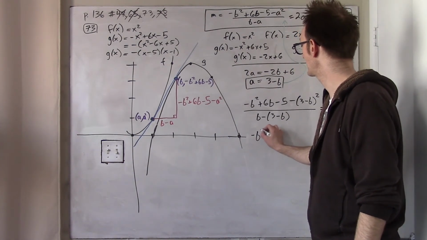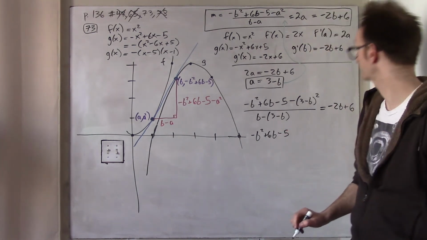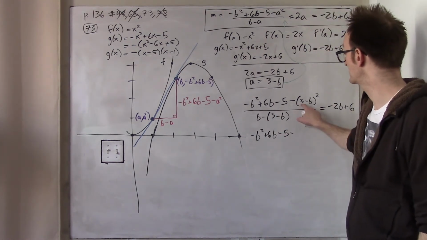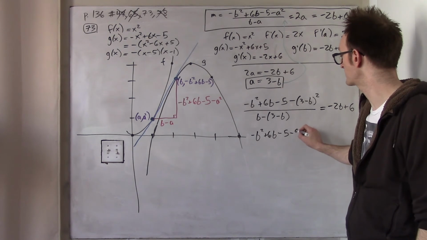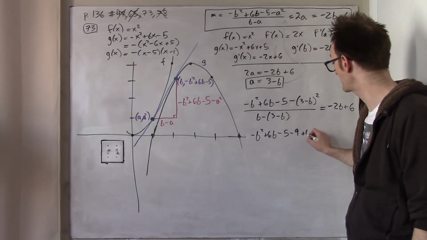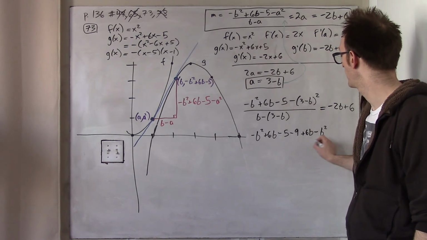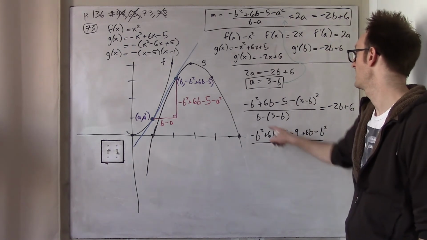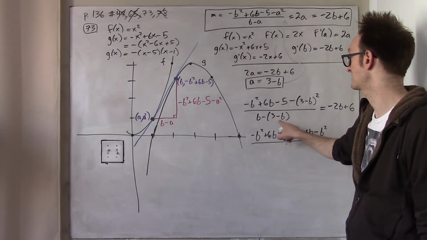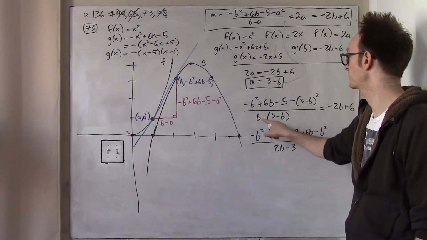What do I end up with here? This is negative b squared plus 6b minus 5, minus, squaring this binomial, minus 9, that's minus 6b in there, so that becomes plus 6b minus b squared, all over 2b minus 3, because b minus 3 and then plus another b.